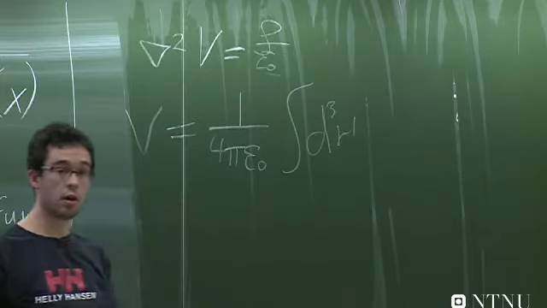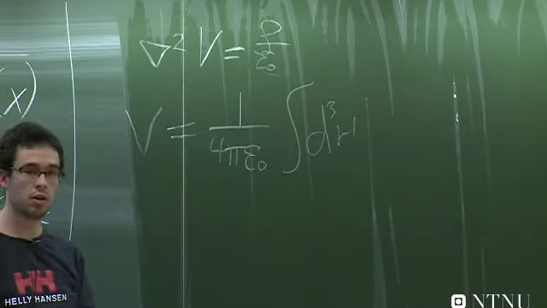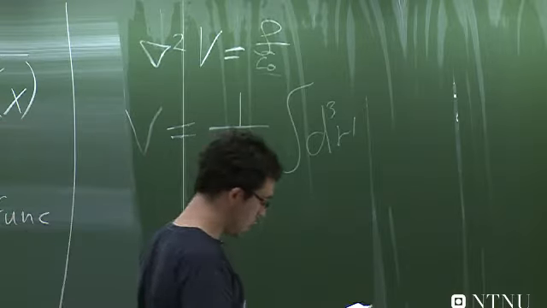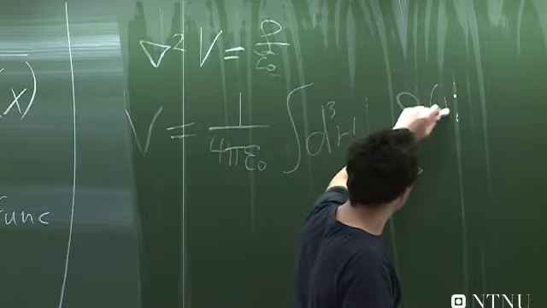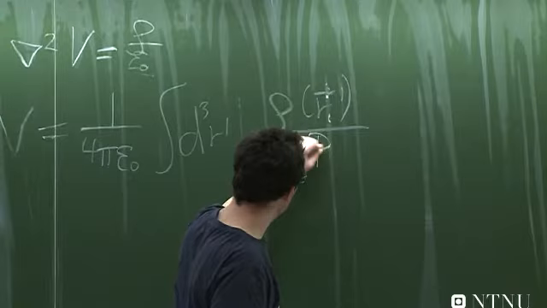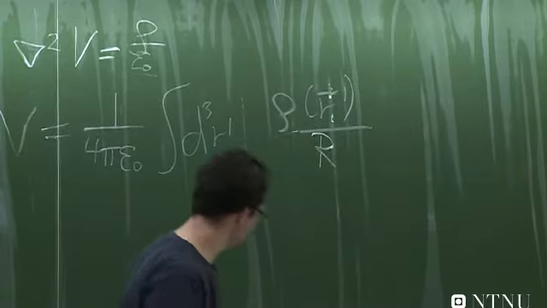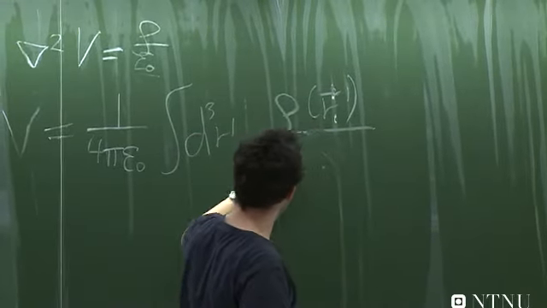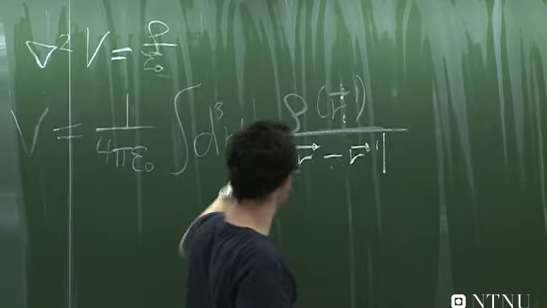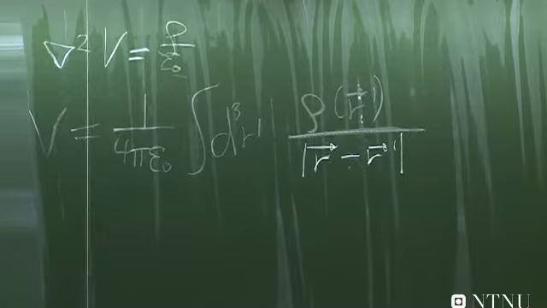The boundary conditions are, I didn't state them explicitly, but the potential should be 0 at infinity. That's our boundary condition. Now rho of r prime over big R, or rather r vector minus r vector prime.